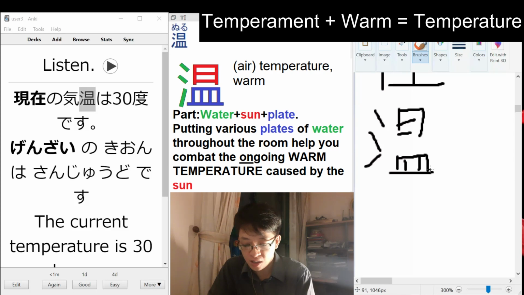But for temperature, it becomes something like putting various plates of water throughout the room to help you combat the warm temperature caused by the sun. Yeah, so actually putting a bucket of water inside the room is supposed to help cool down the room. Yeah, and that's why I came up with that mnemonic.